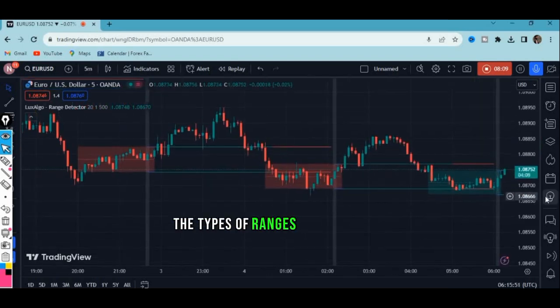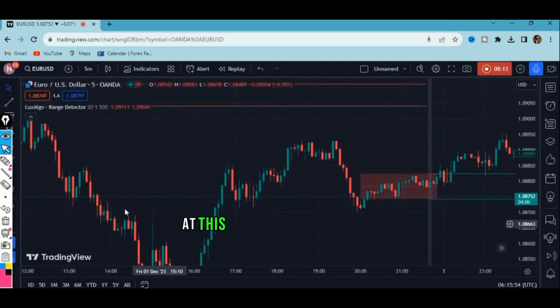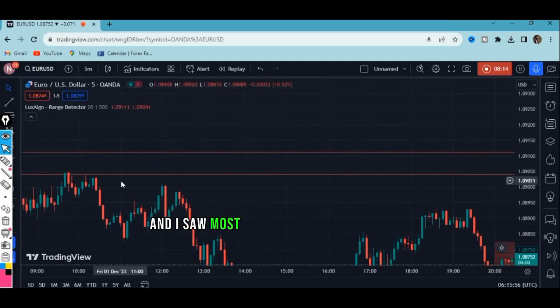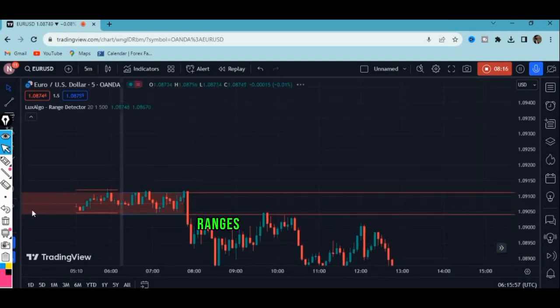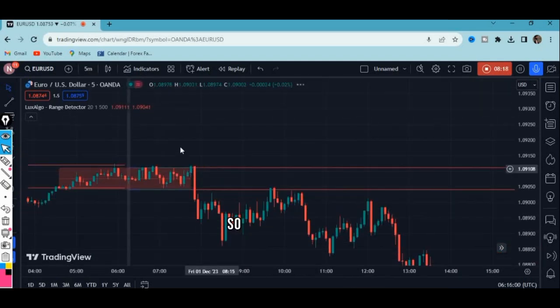You have to avoid them at all costs, because losing money is very, very easy if you don't understand the types of ranges. So I was looking at this indicator and I saw that most of the time it shows us ranges that are super close to each other. So guys, this is a very clean explanation that you can expect on live market. We have a range like this, which is super close together. This is accumulation.